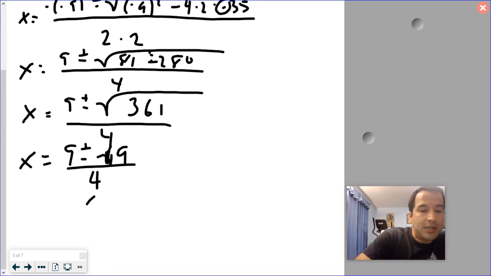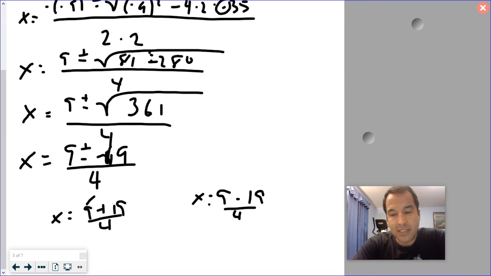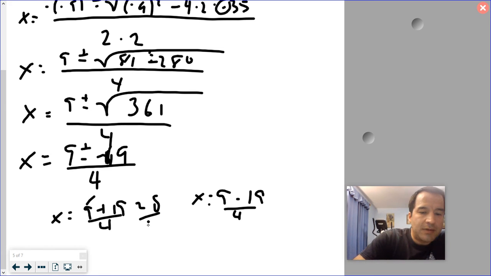So we're going to split it. x equals 9 plus 19 over 4, and x equals 9 minus 19 over 4. 9 plus 19 would be 28 divided by 4, which is 7. So x equals 7.